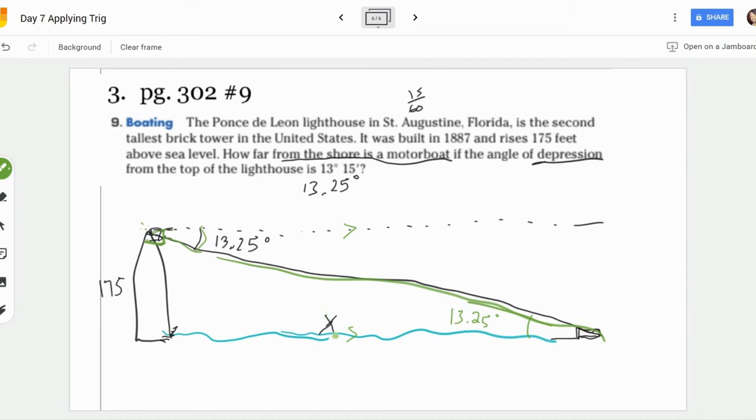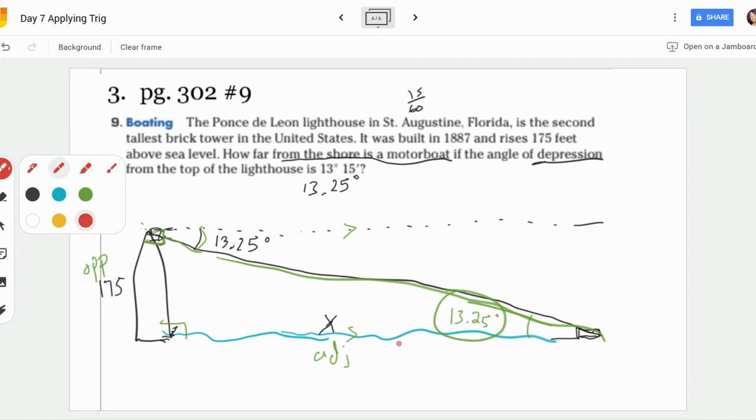Now, to solve for x, we need to know from this perspective what the side names are. Obviously, here's the right angle. From this perspective, this is the opposite side, and the hypotenuse is way up here, so this is the adjacent side. Then you can set up your equation.